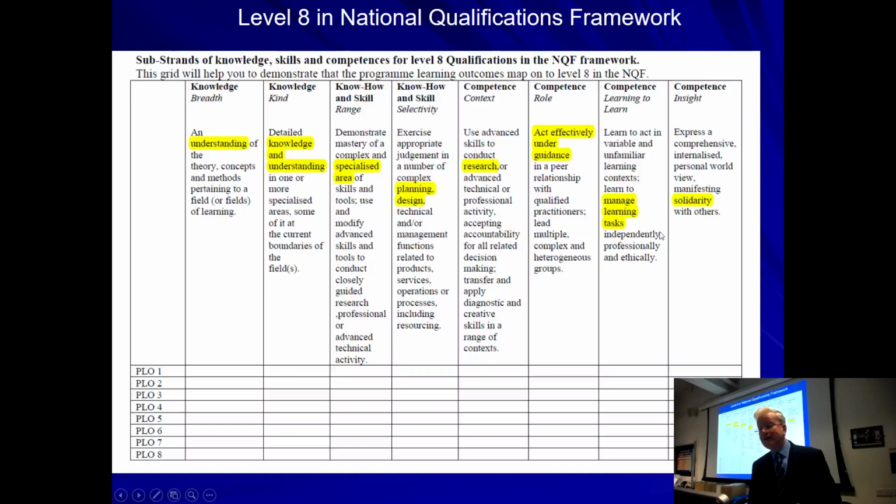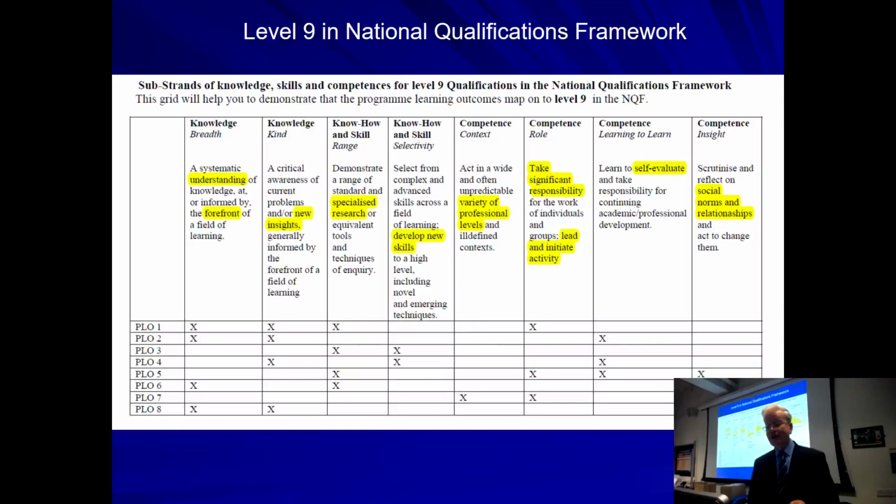You know, the fact that they are able to manage their learning tasks, and the fact that they can work as part of a team. So forget about these words like competence insight and competence learn to learn. They're meaningless phrases. Okay, and just look at the keywords and then see in your program learning outcomes, where are you talking about understanding, where are you talking about knowledge and understanding, and so on.